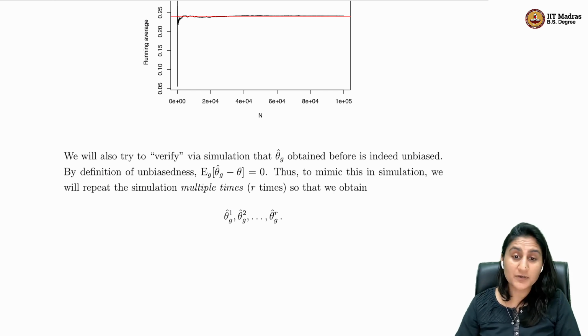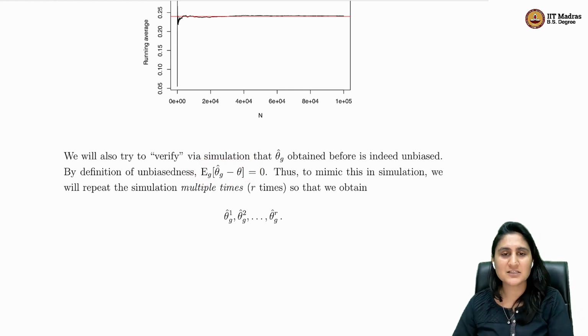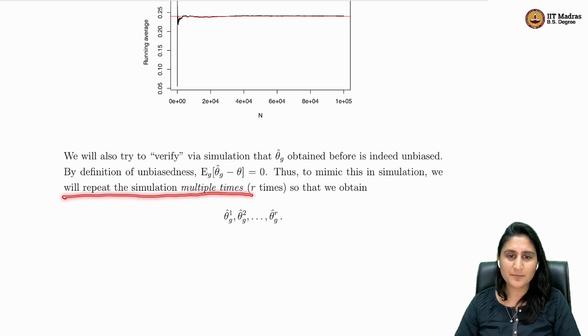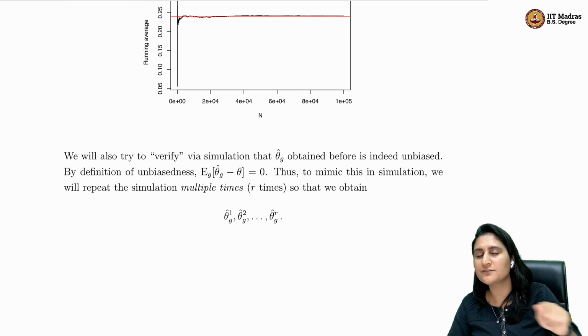But just to demonstrate the concept of unbiasedness, I'll mimic the situation of getting this expectation by estimating it with a sample average itself. So we will repeat the simulation above multiple times, some r times, which means small r different times.